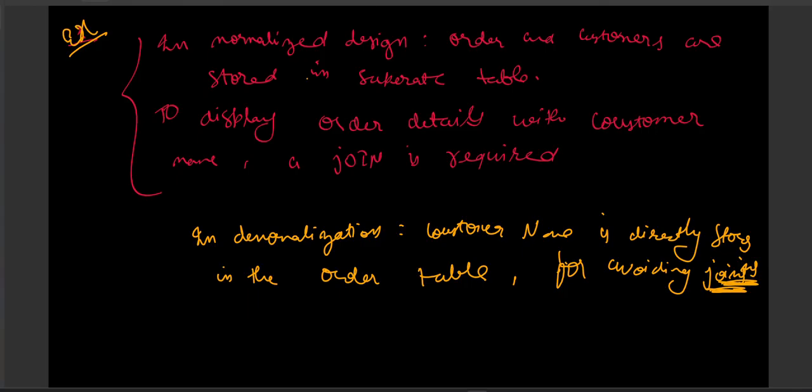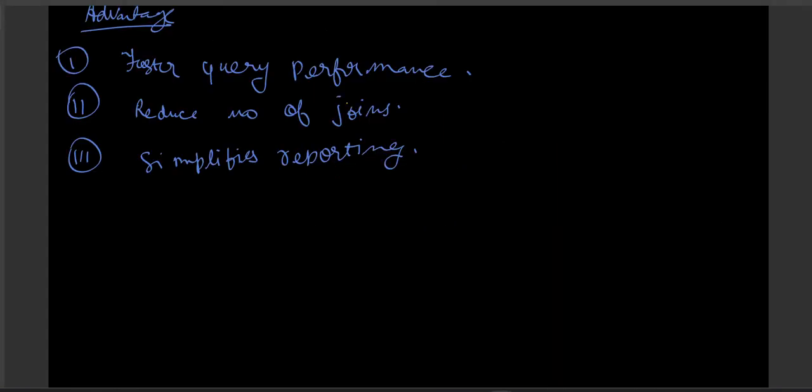Now we will see some advantages and disadvantages of denormalization. The advantages are faster query performance, it reduces the number of joins, and it simplifies reporting.